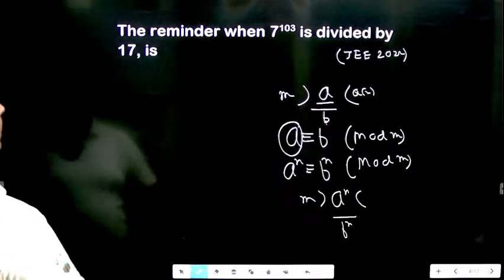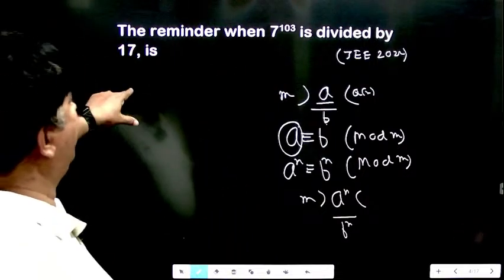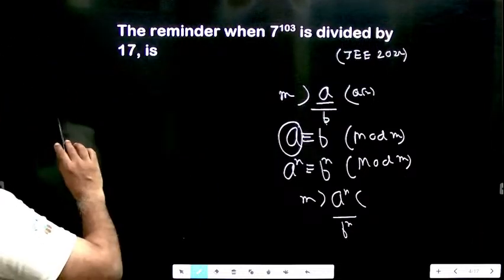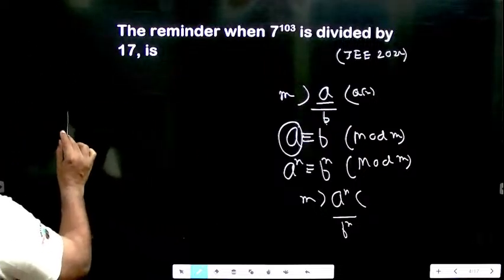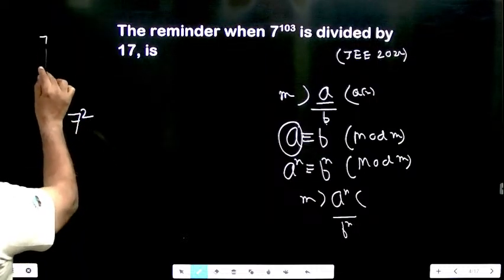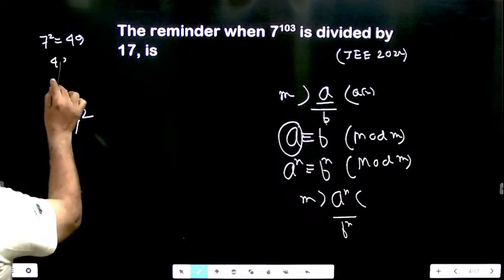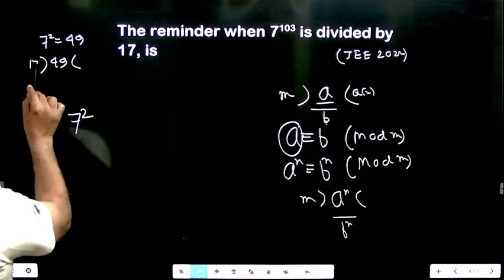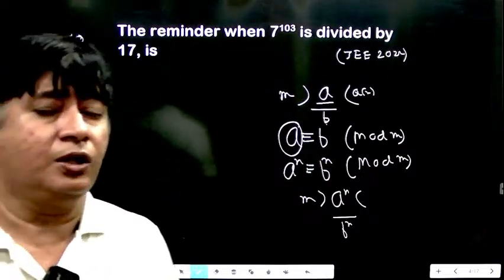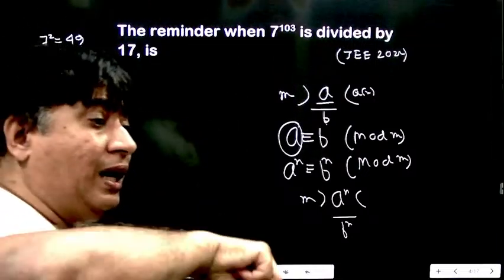Now here we are dividing 7 to the power 103 by 17, and we are told to find the remainder. You start in this way. 7 square is 49. So you divide 49 by 17. In this type of division, your main aim will be to keep the remainder either 1 or -1.